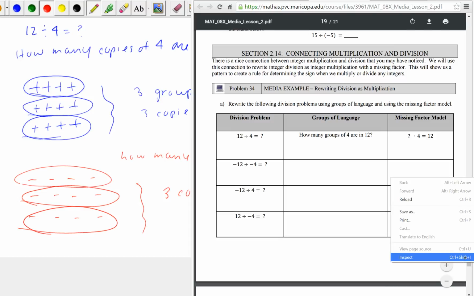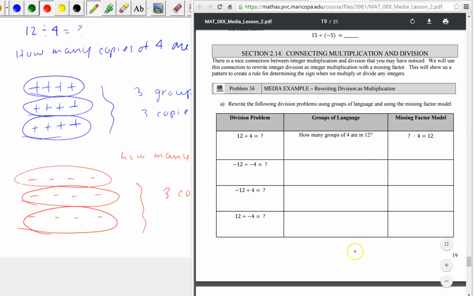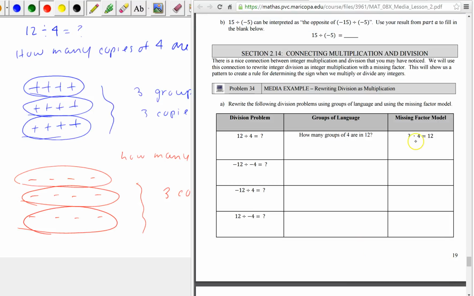And then notice here we have connecting multiplication and division, and we did this a little bit here. So also using the missing factor model, how many groups of 4 are in 12, how many groups of negative 4 are in negative 12, and also writing the corresponding missing factor model. Okay, so writing this as multiplication just as we wrote subtraction as addition.